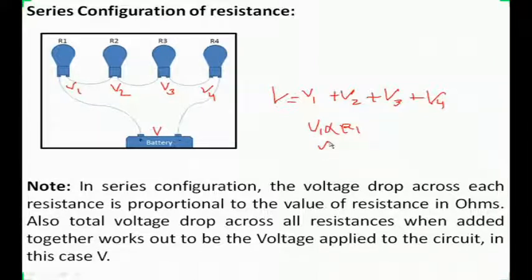Voltage drop is always proportional to resistance, so V1 will be proportional to R1, V2 will be proportional to R2.